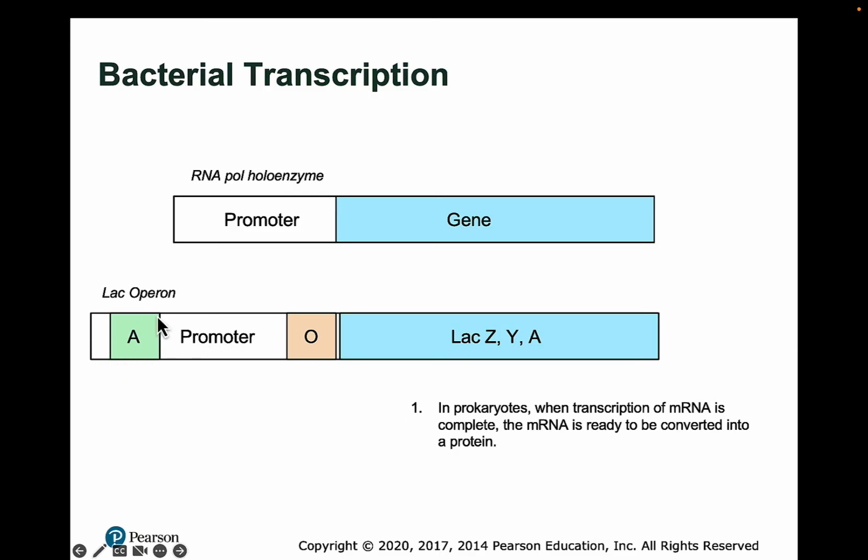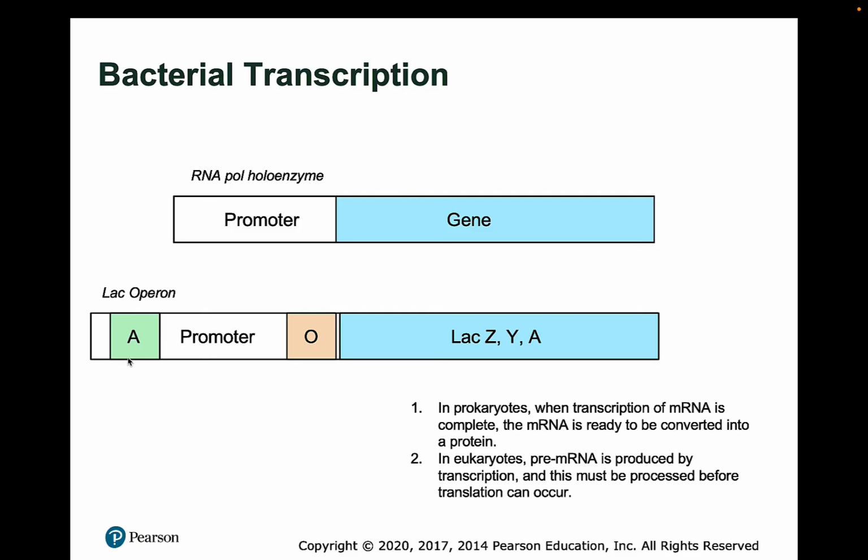And there's an area in the DNA that can serve as an activator, that can enhance gene expression, and an operator that can recruit proteins to dampen gene expression of these genes. So this process can be regulated, but all of this is slightly more complicated in eukaryotes.